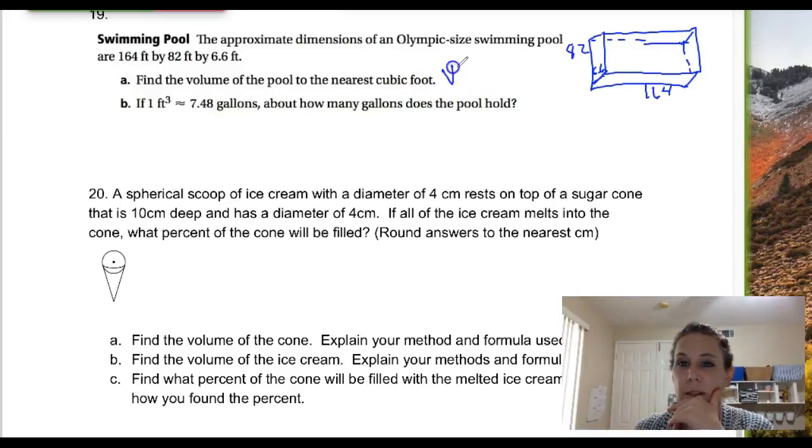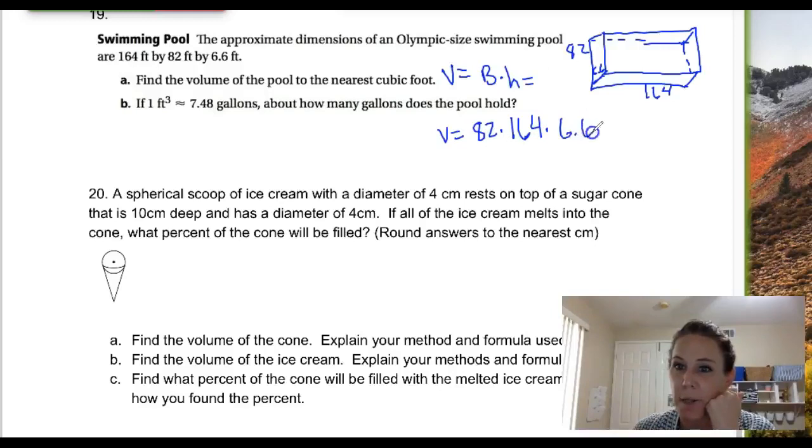Well, that's easy. Volume is just going to be the area of the base times the height. Well, the base is going to be 82 times 164. And then the height is 6.6. So to do that, we're just going to go volume equals 82 times 164 times 6.6. Multiply that out.